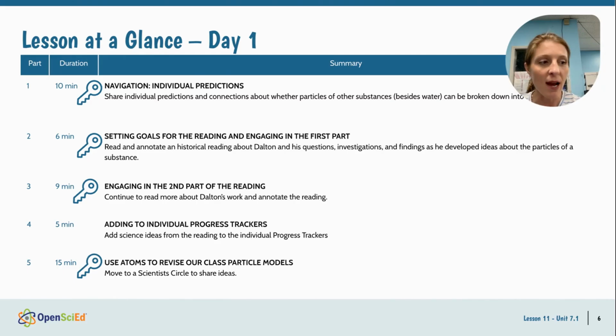We compare what we have learned about particles to what Dalton and his colleagues learned as well. We end the day by revising our particle model to show that particles are made of atoms and molecules, using what we figured out from the Dalton reading.